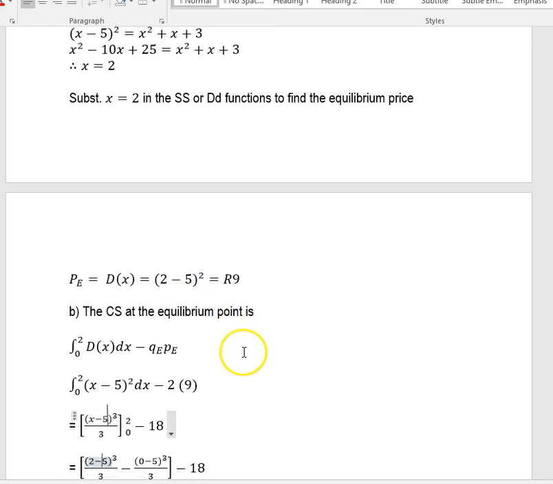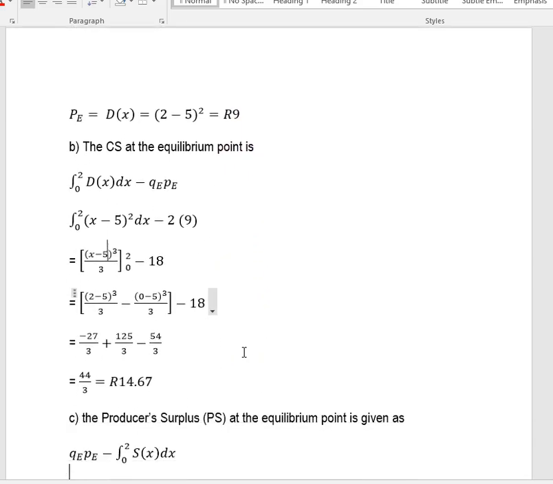Now, having gotten that, I can now determine my consumer surplus. That's the formula for consumer surplus, from 0 to 2, because 2 was my quantity at equilibrium. Now, let's integrate the demand function. If I integrate that, add 1 to that, becomes 3, divided by 3, and that is from 0 to 2.